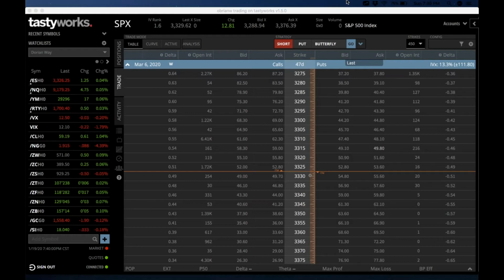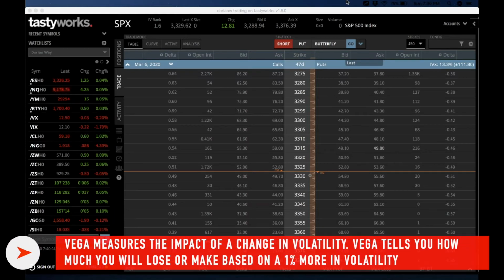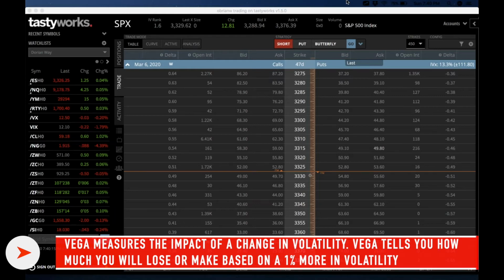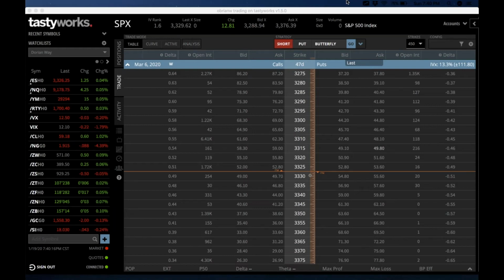You also have Vega. Vega is an option Greek that measures how much you would make or lose based on a 1% change in volatility. So if you had this volatility in the SPX here, the SPX is the S&P 500 cash settled index. Right now it's saying 13% implied volatility. So Vega measures how much your portfolio would theoretically move based on a 1% increase or 1% decrease.